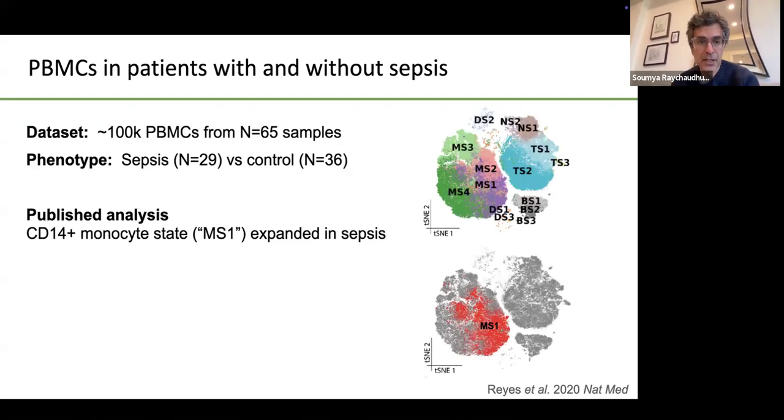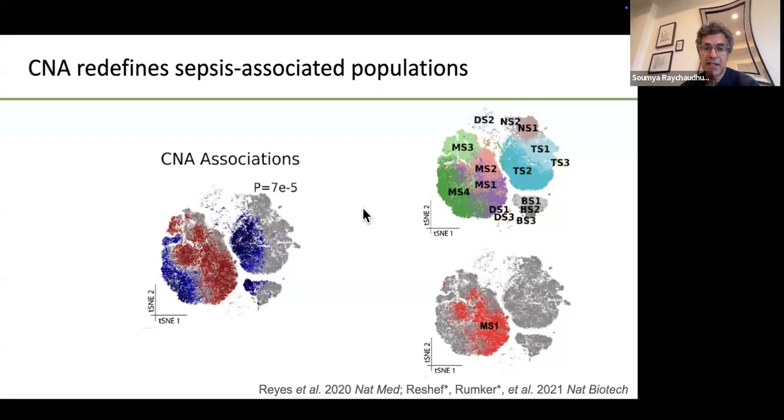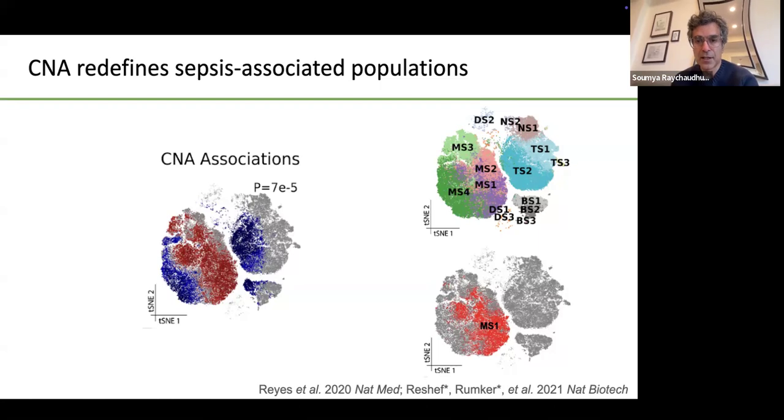It's a paper from the Nir Hacohen group, and what they found is that this one cluster, MS1, as you can see over on the right and indicated in red in the lower right plot, is expanded in sepsis. Now, when we apply CNA, we see a little more, right? We see that indeed some cells are expanded with sepsis, other cells are depleted as people develop sepsis, and it doesn't line up perfectly with the unbiased clustering.